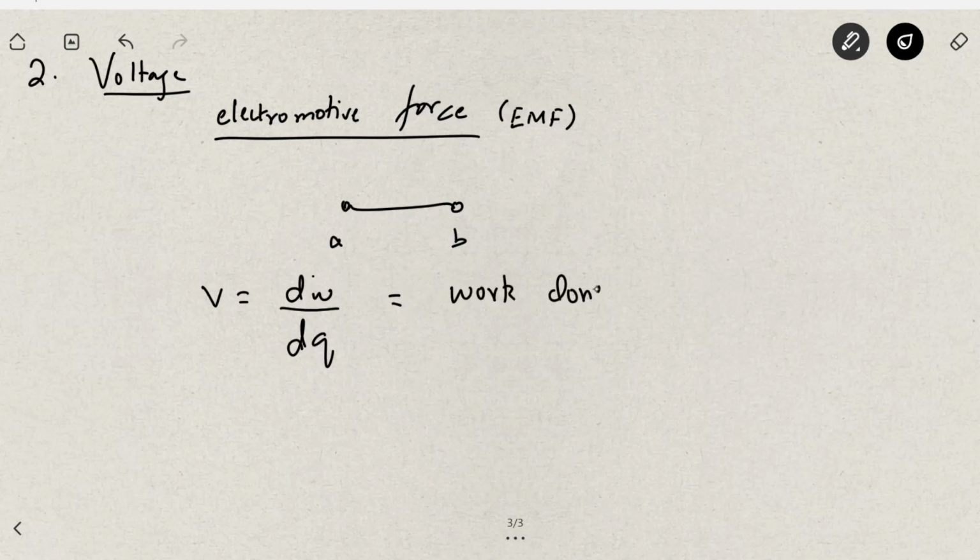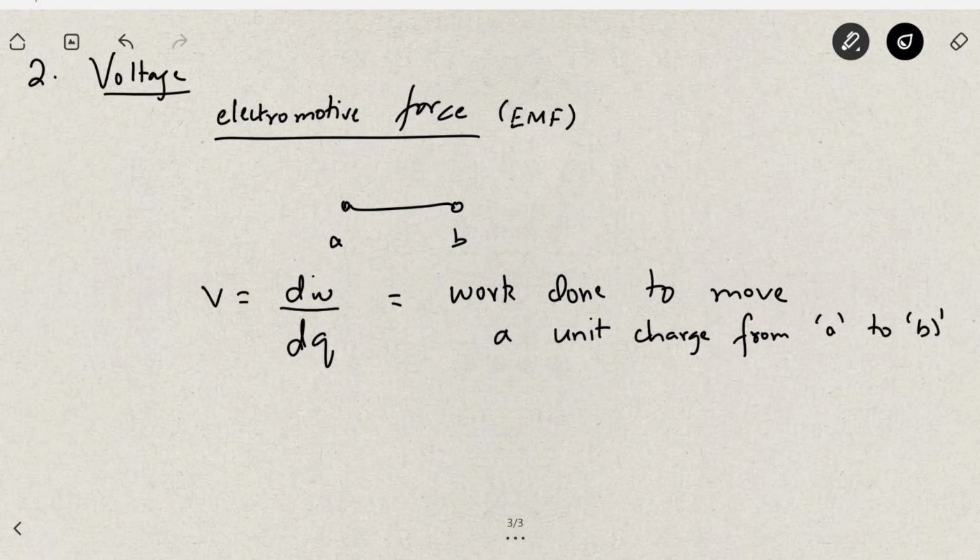So we can say this is the work done to move a unit charge, represented by Q here, from A to B.